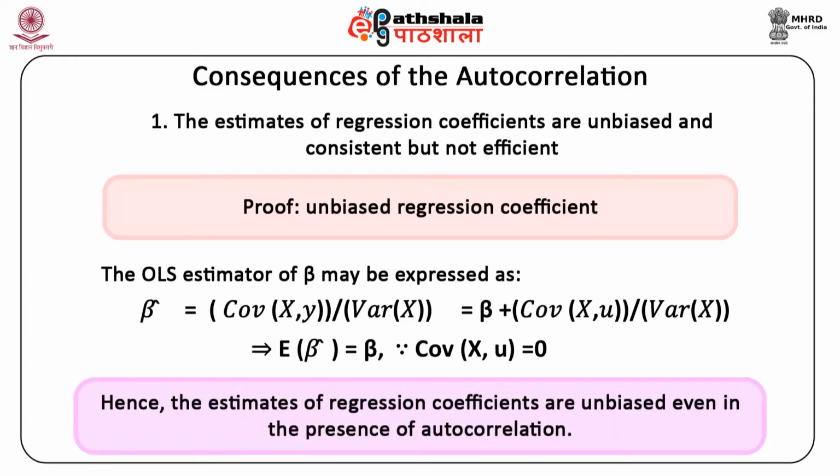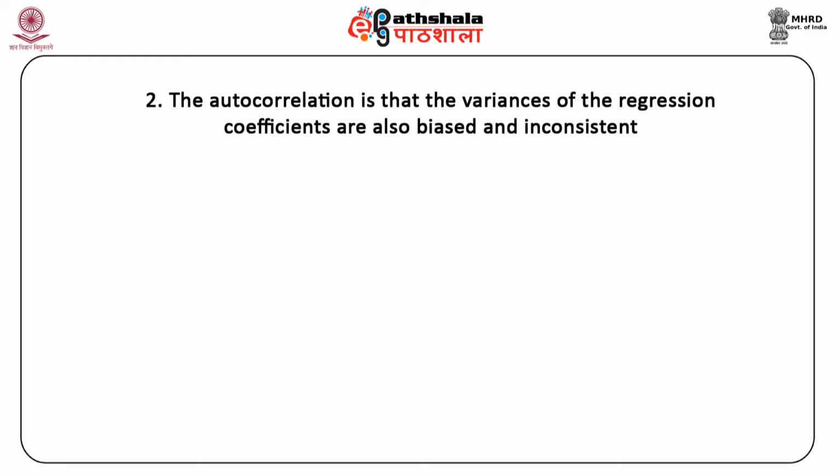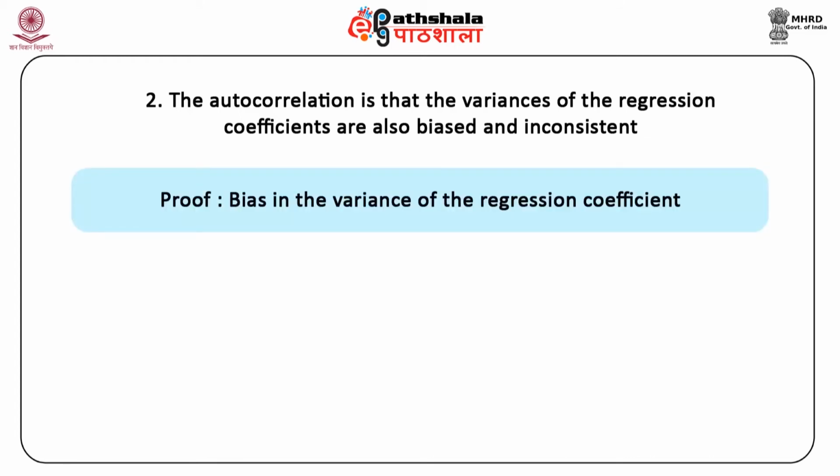Hence, the estimates of regression coefficients are unbiased even in the presence of autocorrelation. Second consequence of the autocorrelation is that the variances of the regression coefficients are also biased and inconsistent. Proof for bias in the variance of the regression coefficient is given here.